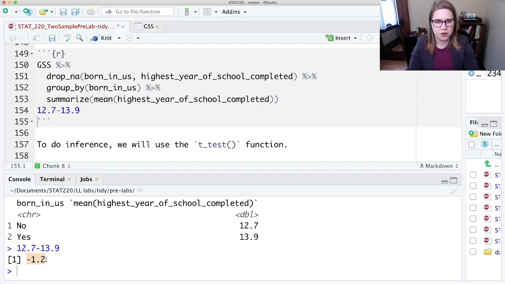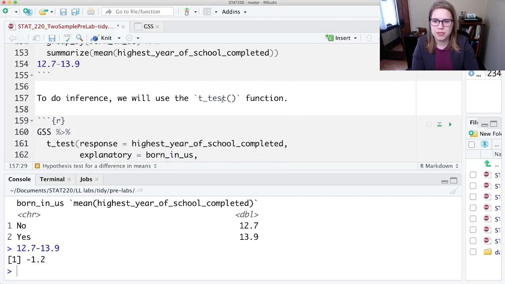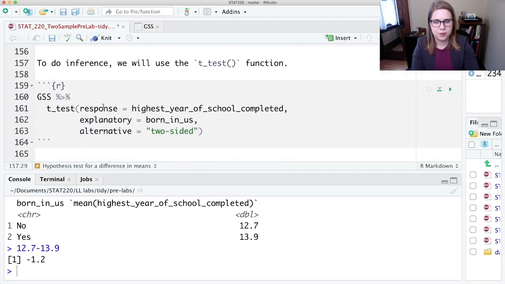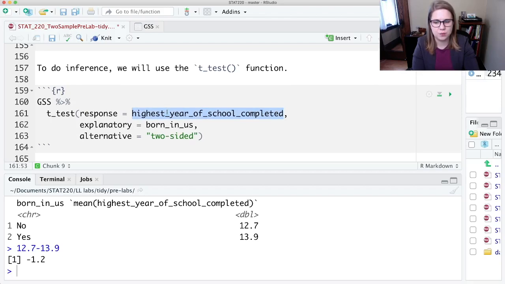So again, we observed a difference, but is it statistically significantly different? And to do this inference, we're going to use the t_test function. So this is very similar to, I think, last week, but now we have a response and an explanatory. The response is the thing that we're interested in, the numeric variable, the highest year of school completed.